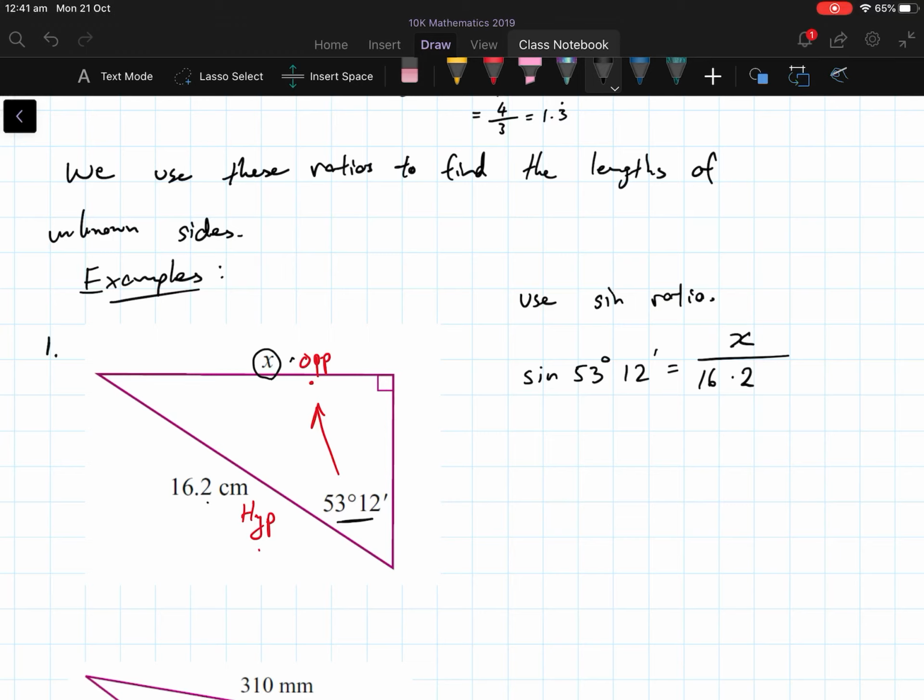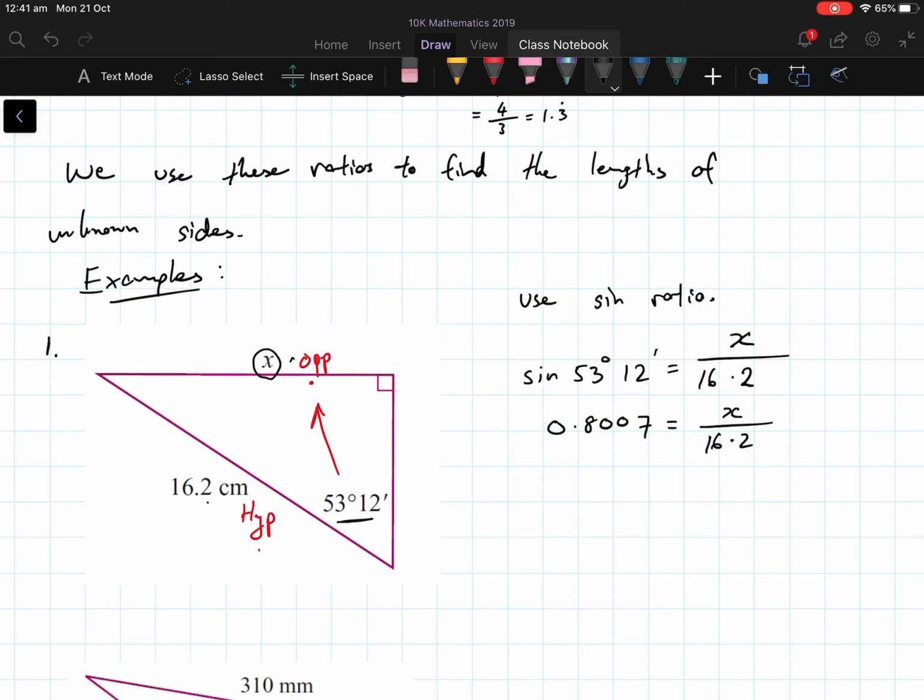So we are going to do the following. Let's find that. I'm going to type that into my calculator. Sine 53 degrees and 12 minutes. And that's equal to 0.8. Now we've got to do this to a few decimal places because my final answer will be 1 decimal place. 0.8007 equals x over 16.2.